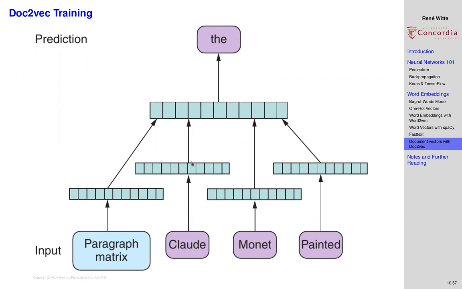The way it works roughly is that we have the same word vectors like before, but additionally we have a vector that represents a paragraph in a document or even a whole document. We use this as another input for the neural network training to predict the next word. This way you can create vectors that represent whole documents and do something like a document similarity comparison based on the semantics of the document.